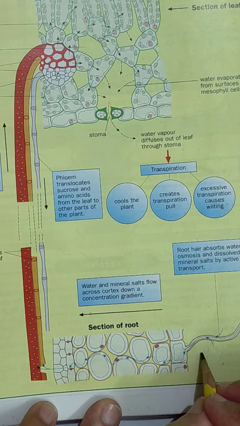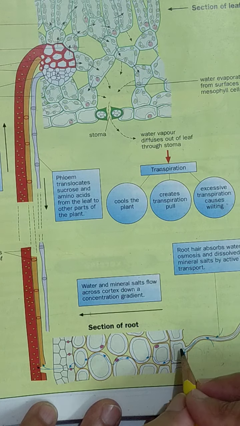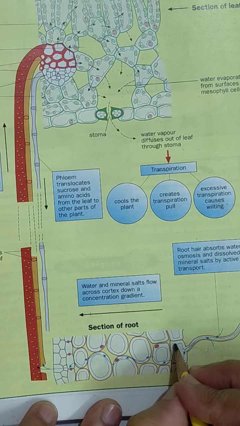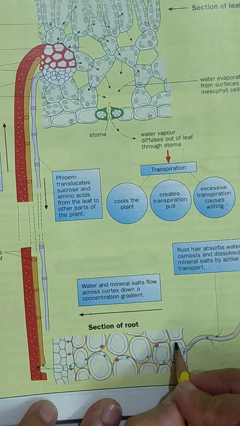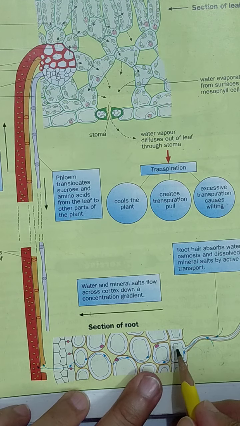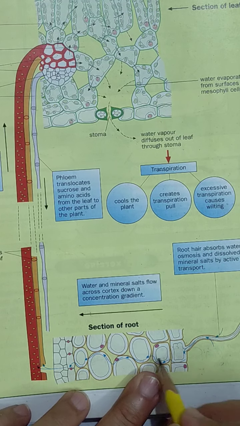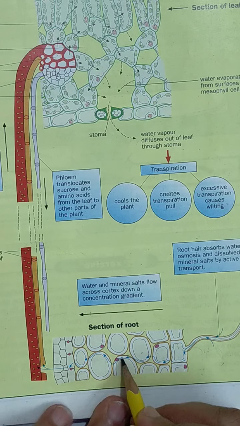So water from the soil will move inside the root hair cell. Then in this cell, if we consider it as cell A, the water potential will increase. In the next cell there will be a deficiency of water, so water will move again from higher water potential to lower, from cell A to B, then B to C, C to D.